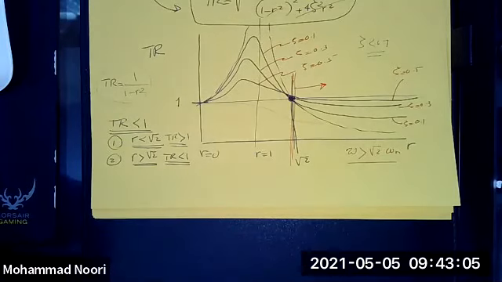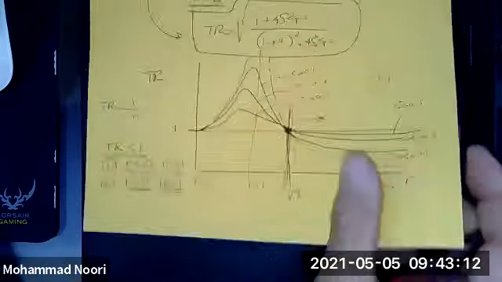So I'm going to do, in fact, an example just like that so that you can see this. But before doing that, let me elaborate a little bit more on what I said.